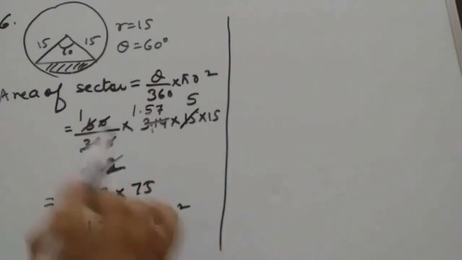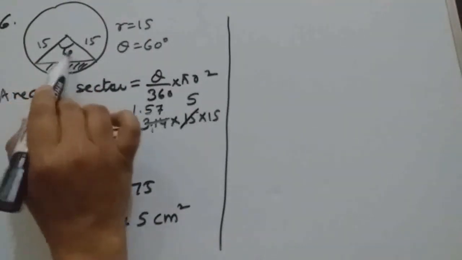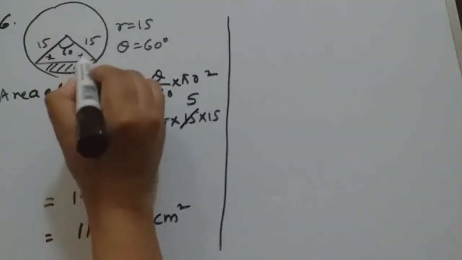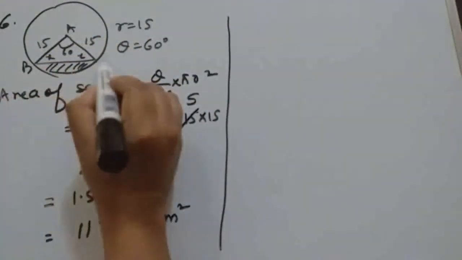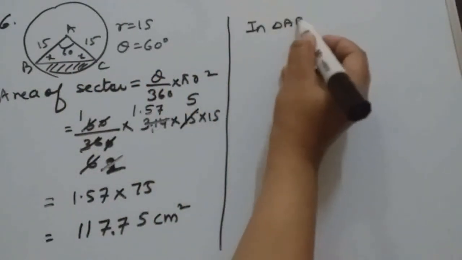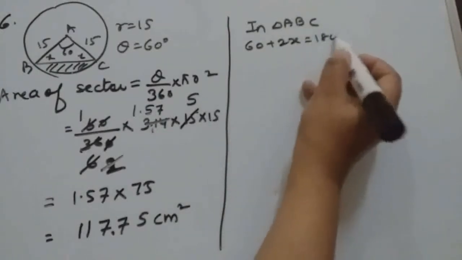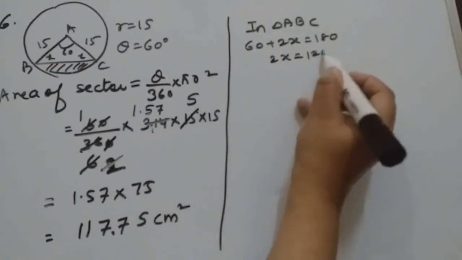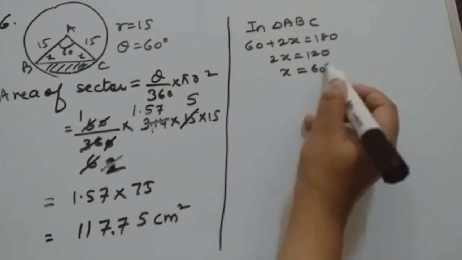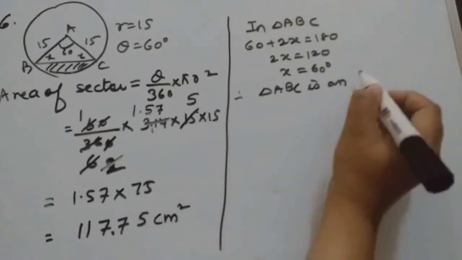Now to find area of the triangle, again since it will be equilateral triangle, so we will suppose this x. So in triangle ABC, 60 plus 2x is equal to 180, isn't it? So 2x is equal to 120, x is 60. Therefore triangle ABC is an equilateral triangle.